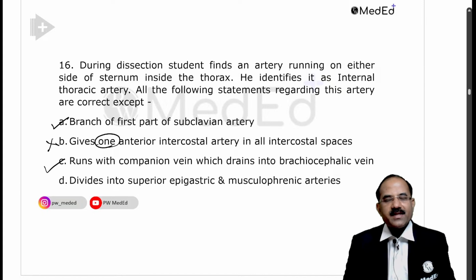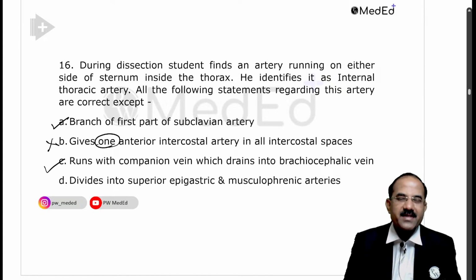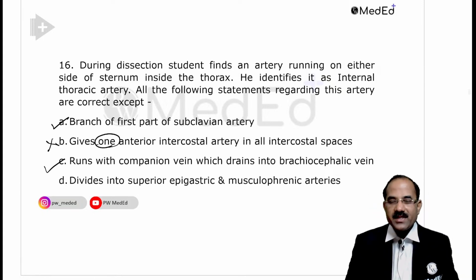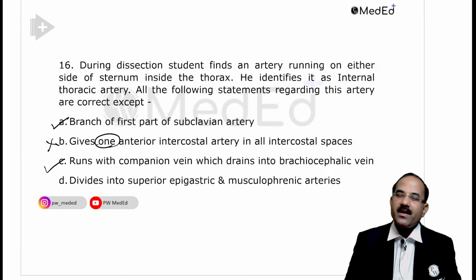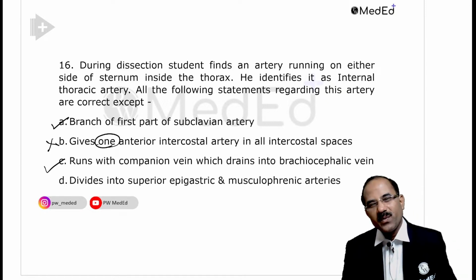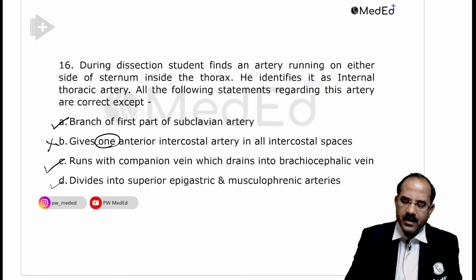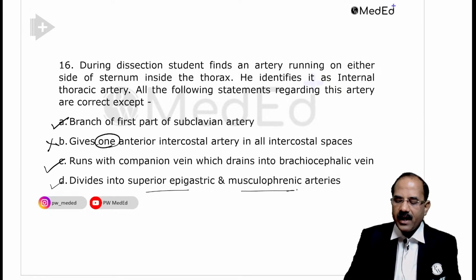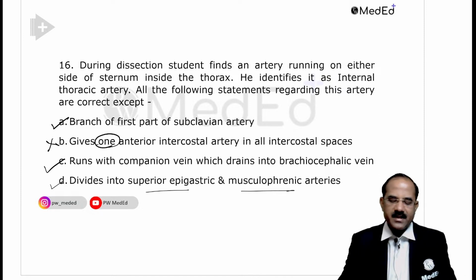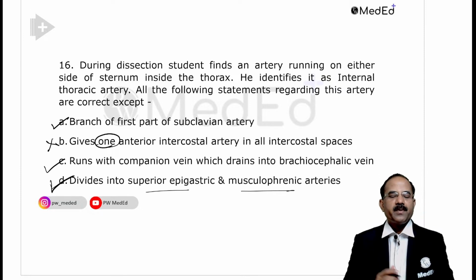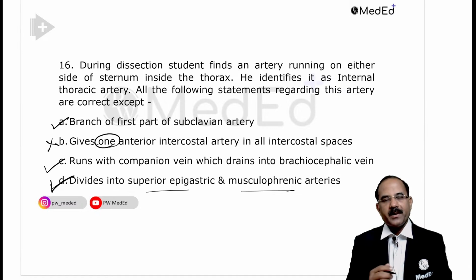The internal thoracic vein drains into the brachiocephalic vein. It divides into a superior epigastric and a musculophrenic artery. That's correct.